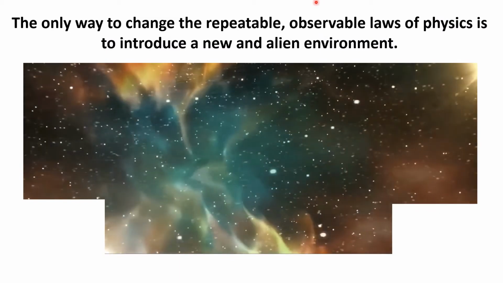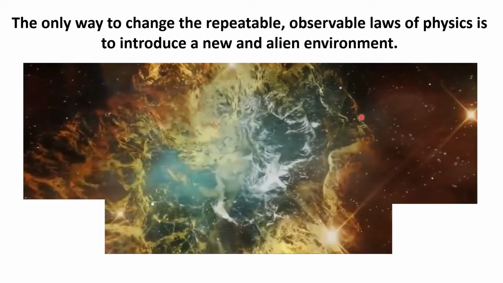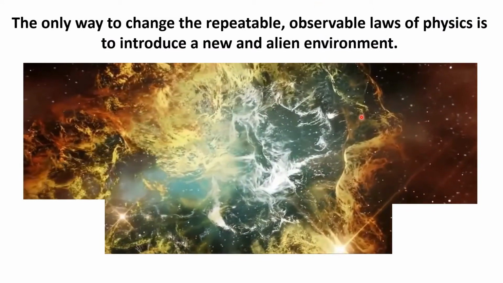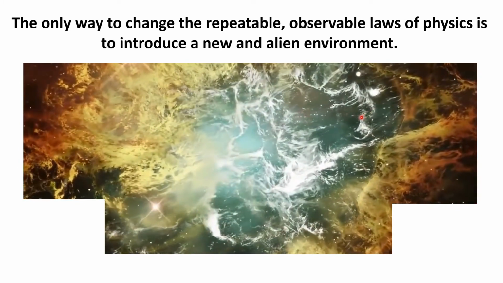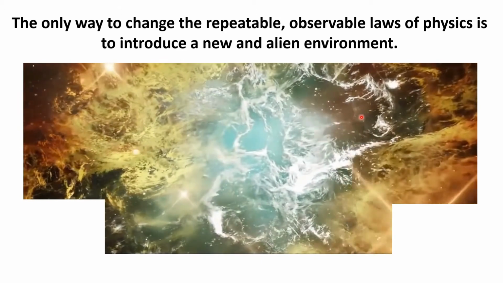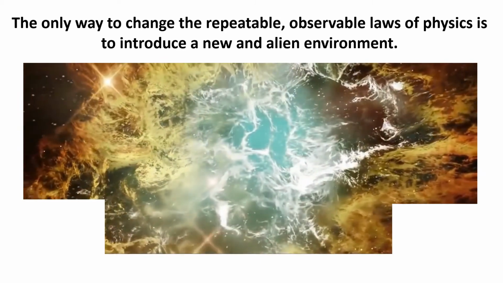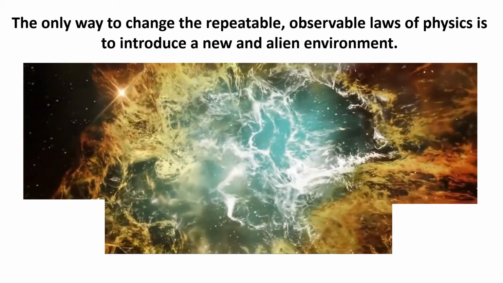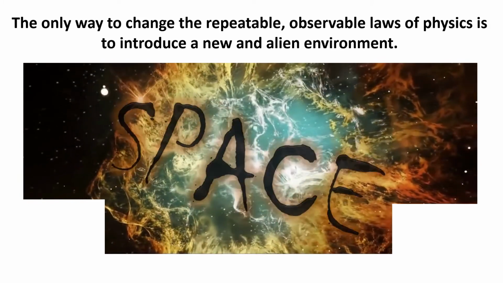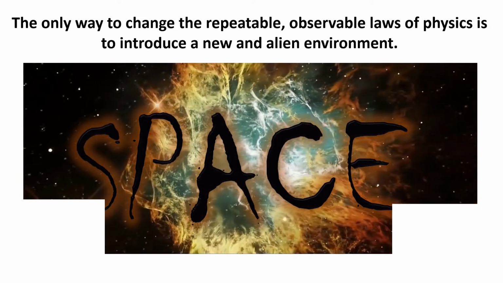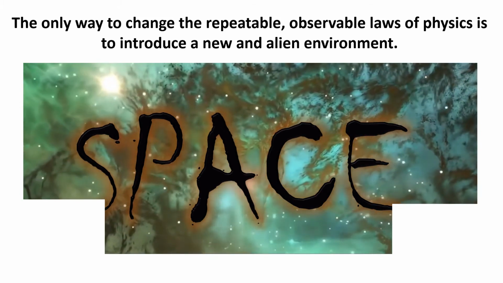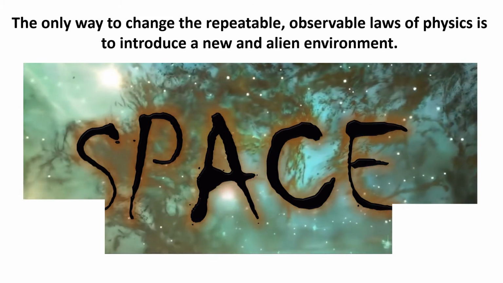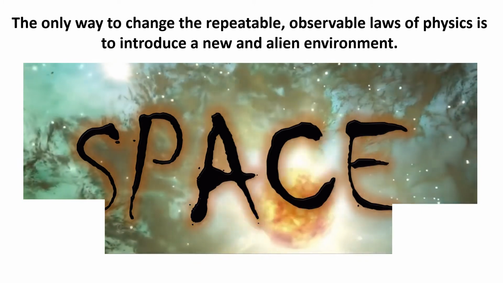So, what are we looking at here? The only way to change the repeatable, observable laws of physics is to introduce a new and alien environment. And that environment would be space. Yes, when you add space into the equation, the phenomenon we call parallax changes completely.